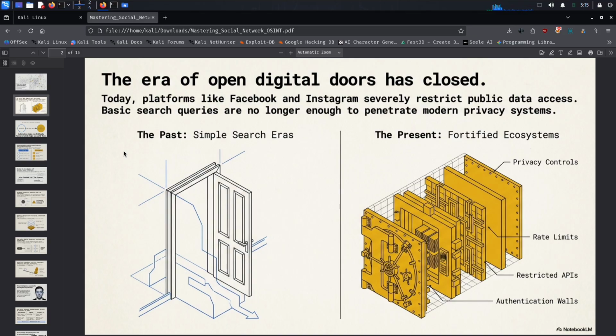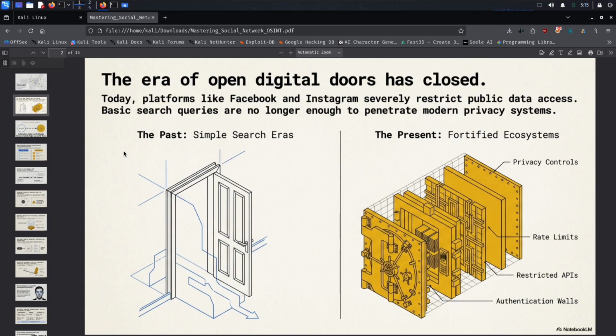Some services provide legitimate breach notification or exposure checking features through authorized access, while other datasets may contain highly sensitive information. So in this series, we're going to focus on legal and publicly accessible OSINT techniques and understand how investigators can make their research more efficient without bypassing privacy controls or access restrictions.